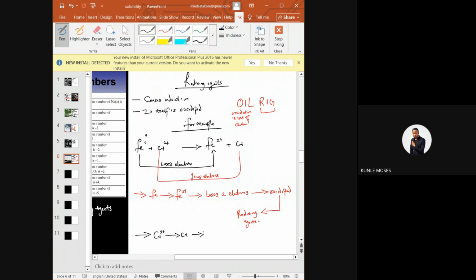That's 2 electrons. There is gain of electron. So we said reduction is gain of electron, isn't it? So it simply means that this is the one that is being reduced. And anything that is being reduced is the oxidizing agent now.